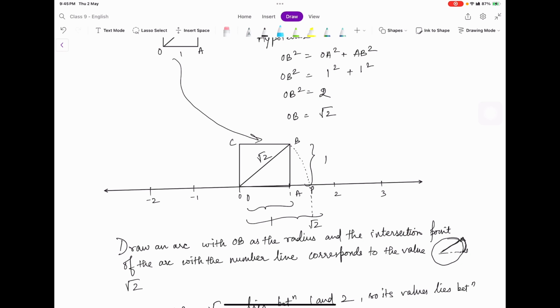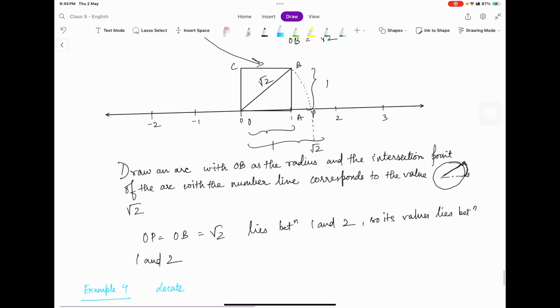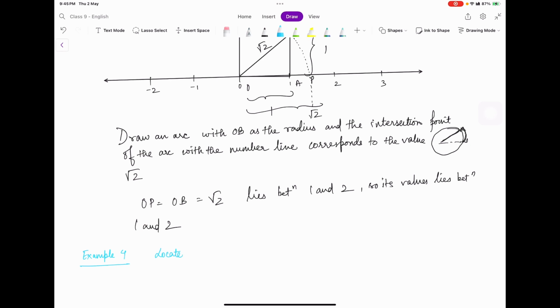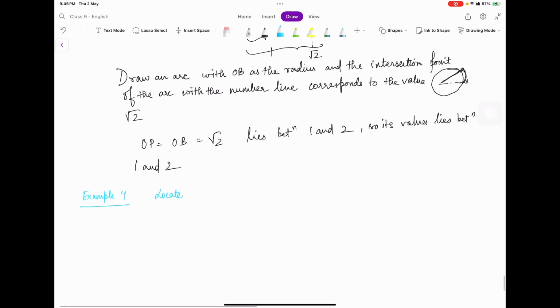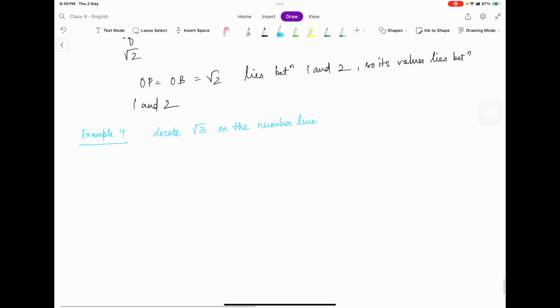So now we draw an arc with OB as the radius, and it intersects the number line at point P, and the value of OP is root 2. So OP depicts the position of root 2 on the number line, that you have to write. Now locate root 3 on the number line.